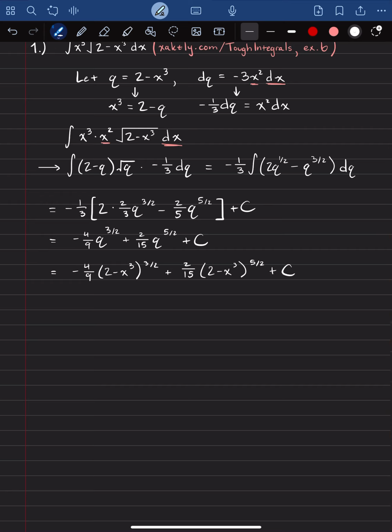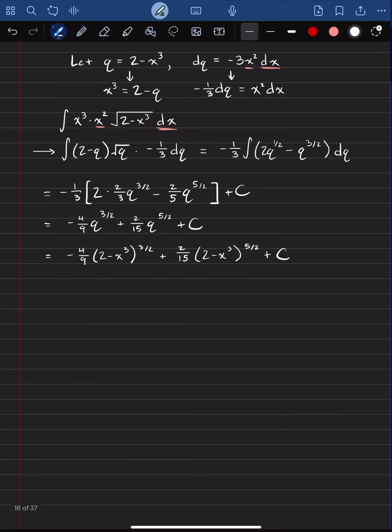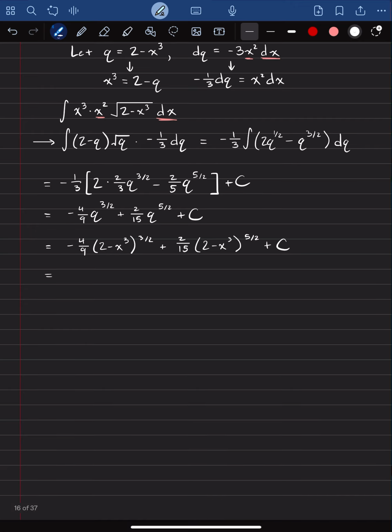So if you wanted to, you could factor out a term here. I think for aesthetic purposes, I will do that because it makes me feel better than everyone else. So I think I can factor out a 2/3 here. And I can also factor out a 2 minus x cubed to the 3/2.